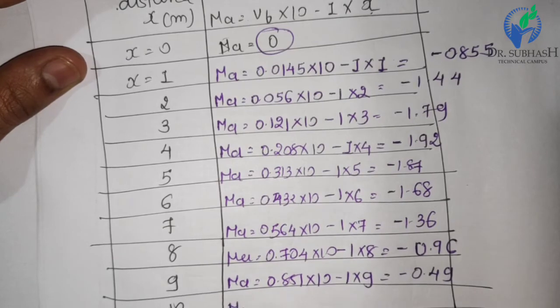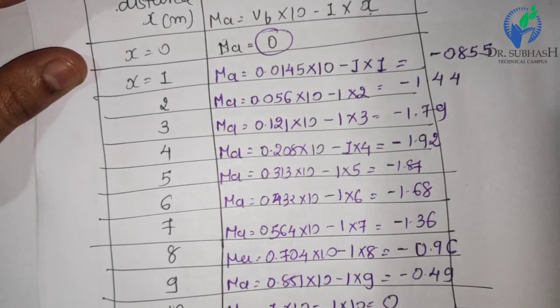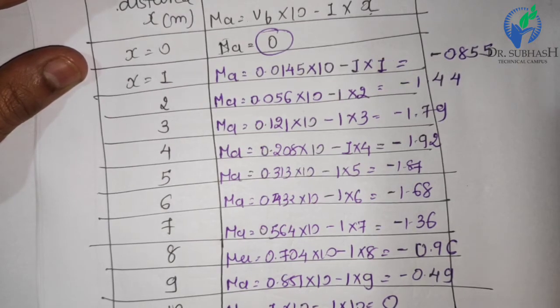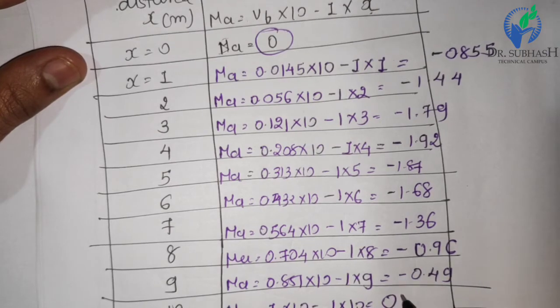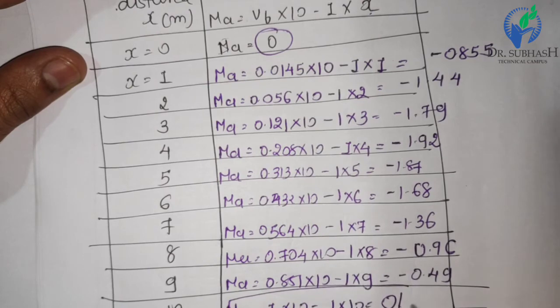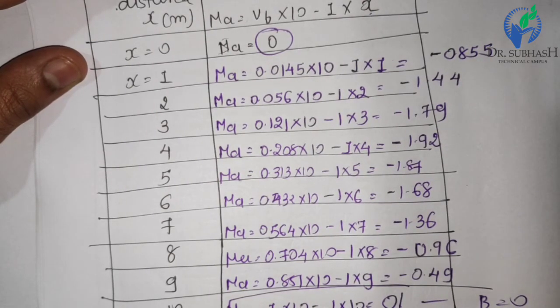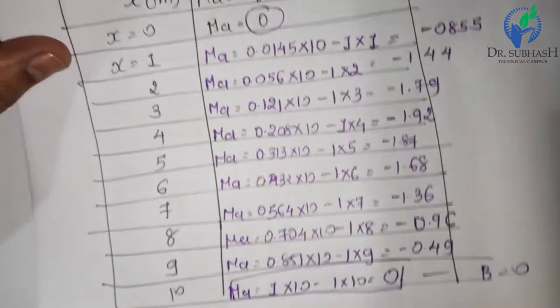And MA at X is equal to 10, VB is 1 into 10 minus 1 into 10. Again we find 0 because B is simply supported and A is fixed, so it is nearer to the end. You must cross check MA at the level of B. It is 0 because it is a simply supported end, so it does not get any moment.